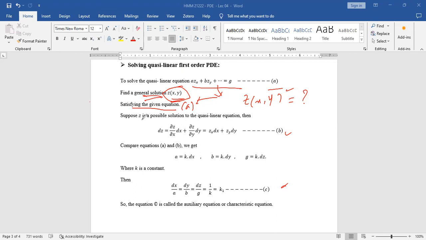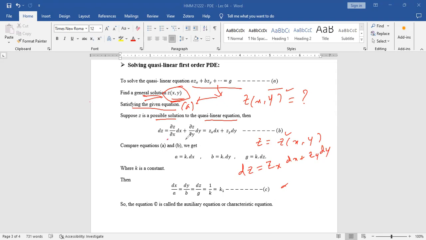Then suppose that z is a possible solution to a quasi-linear equation. Then we know that z is a function of, for example here, x comma y. So if it is a solution, we know that the total derivative of z should be written as zx into dx plus zy into dy.